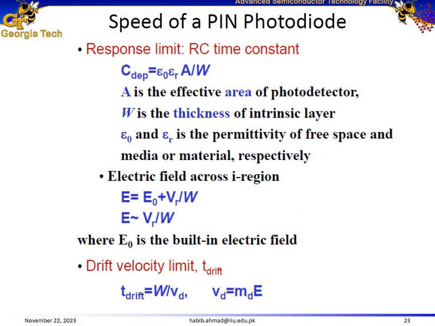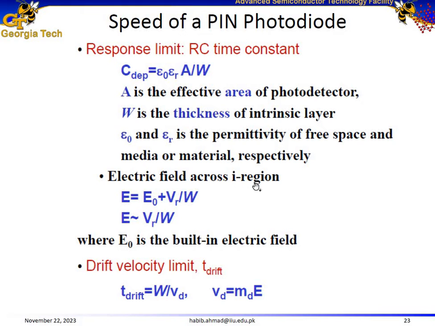So towards calculating the transit time, let's perform some calculations before that. We know that the response time is limited by the RC time constant, where capacitance is equal to the permittivity of the semiconductor times area divided by the width of the I layer in this photodetector.